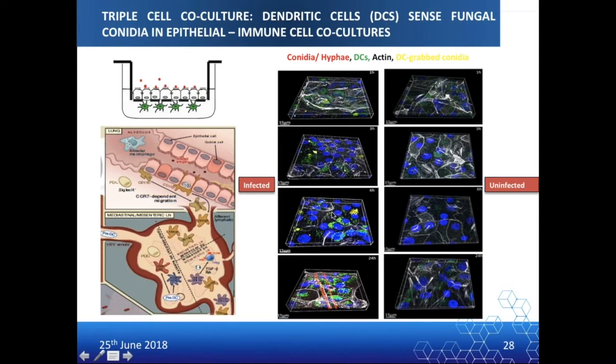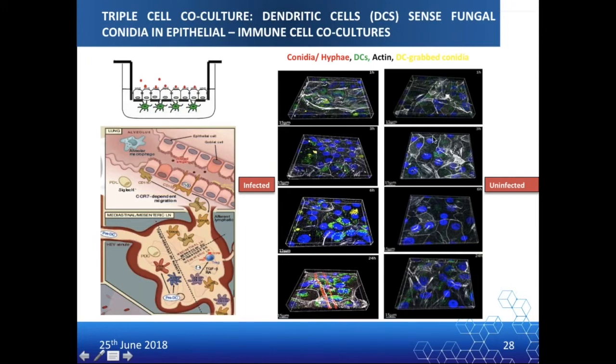And then with time, since the conidia within this closed system grow out to hyphae, which also produce toxins, they destroy the epithelium. By 24 hours after exposure, the fungi have grown out to hyphae, they destroy the epithelia, and the dendritic cells come up to the apical side and co-localize with these hyphae.